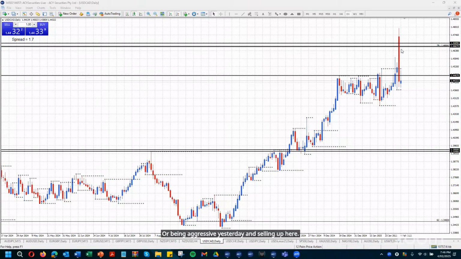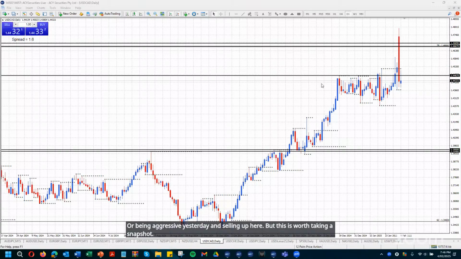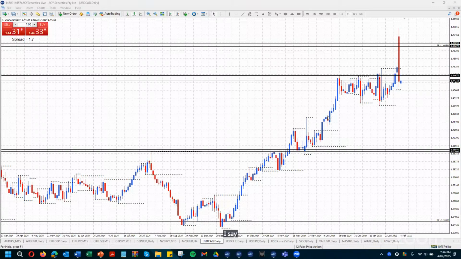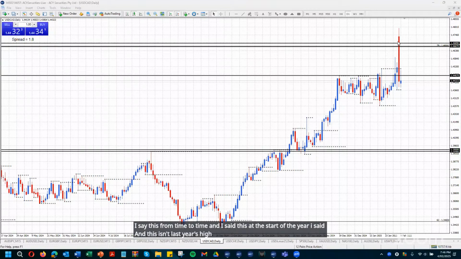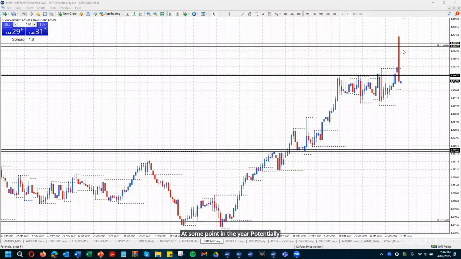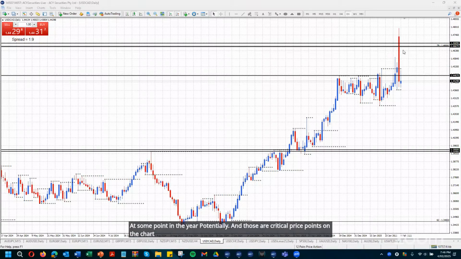But this is worth taking a snapshot. I say this from time to time, and I said this at the start of the year, and this isn't last year's high or last year's low, but I said we will test last year's high or last year's low at some point in the year, potentially. And those are critical price points on the chart to expect price to go the opposite way.